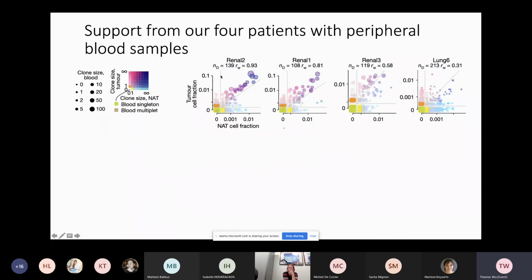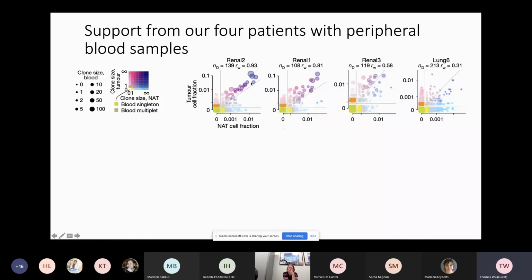And here I'm showing exactly the same plot as before, with the position of the dot indicating the extent to which it was expanded in the compartments. And again, you can see this strong, striking lining up of positions along the diagonal, at least in some patients, but not all.